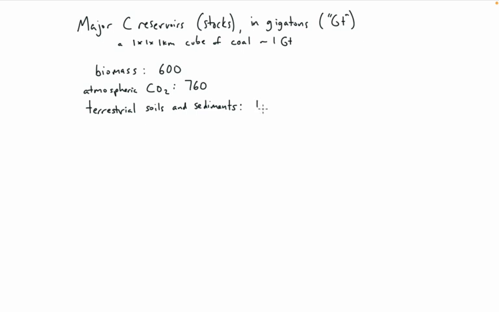There's about double the atmospheric CO2 in the soils and sediments. Marine sediments, even more, about double what's in the terrestrial soils and sediments.